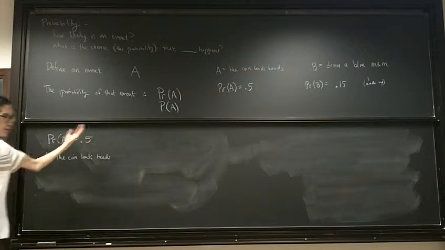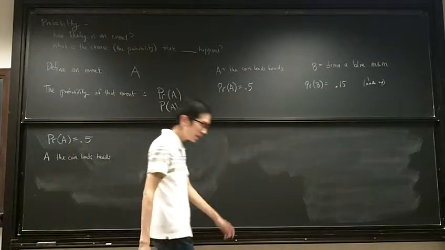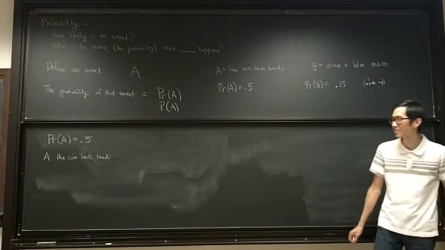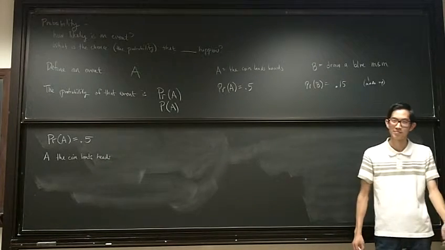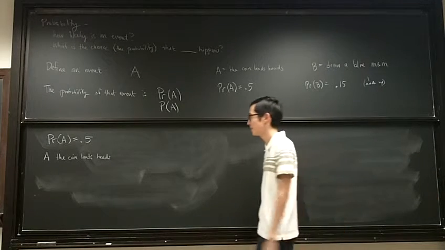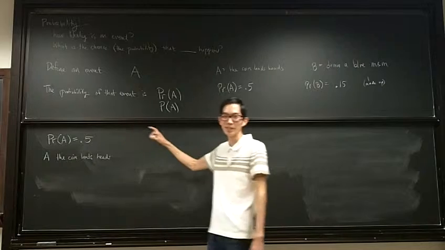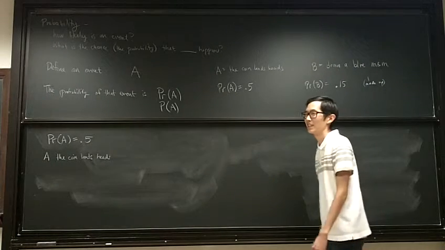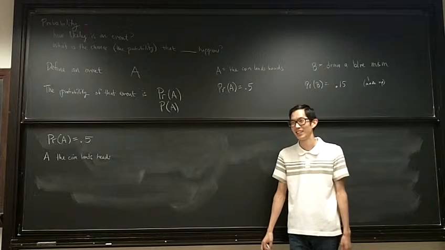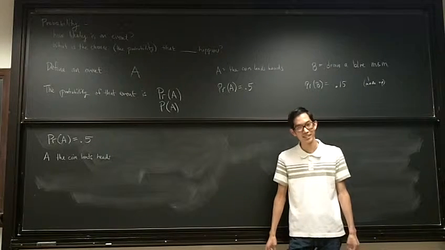What does it mean for the probability of A to equal 0.5? 50% of the time. Okay, half the time, or 0.5 of the time, it lands heads. And what do you mean by the time? 50% of the number of flips.